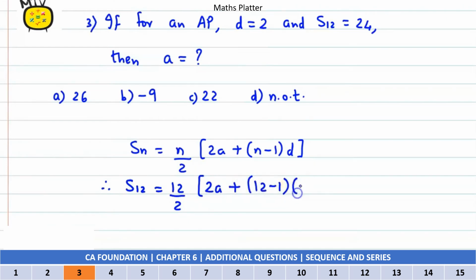इंटू d, कॉमन डिफरेंस हमें 2 दिया हुआ है, तो ये सिंप्लीफाई करते हैं.